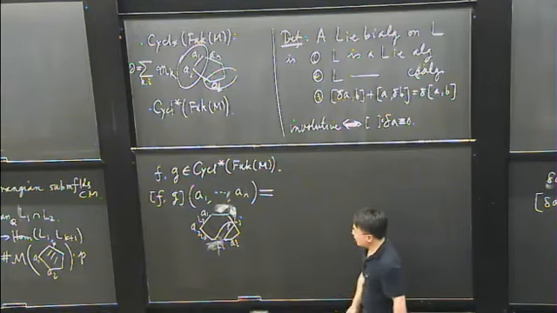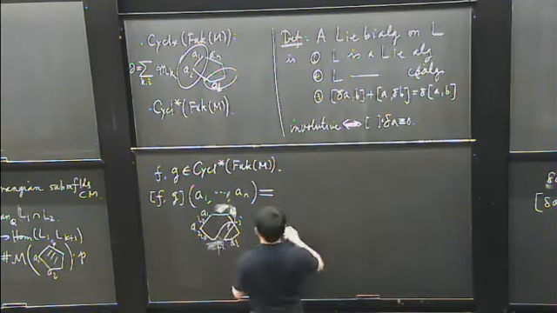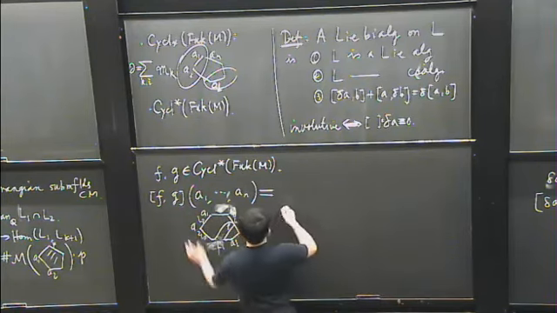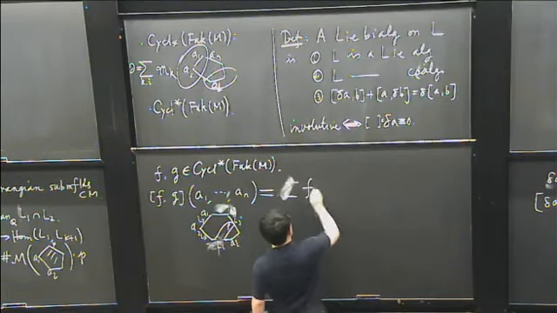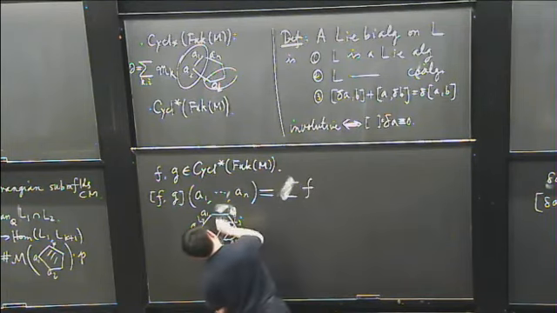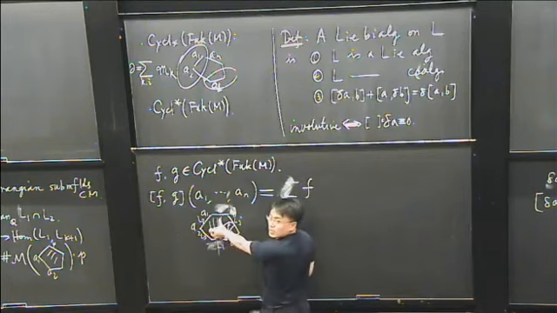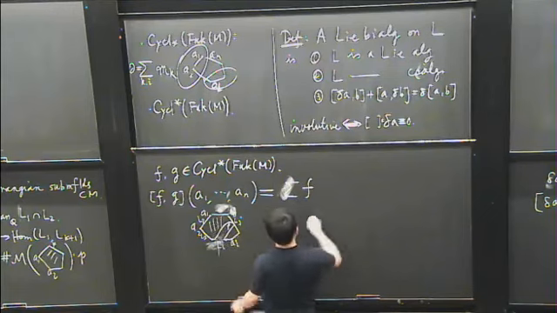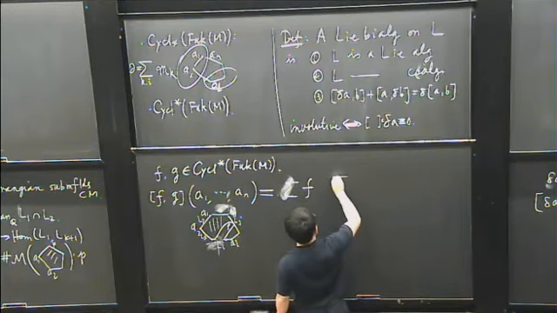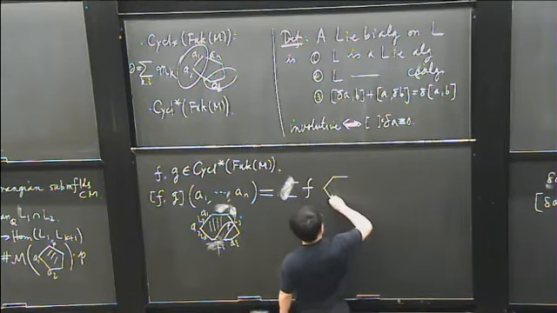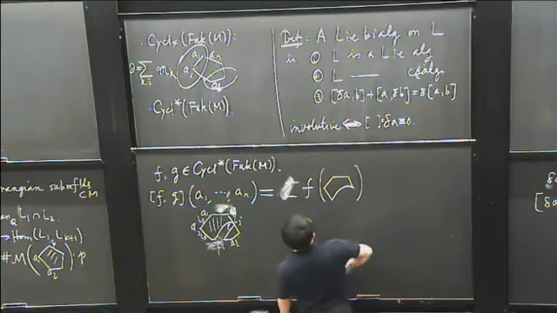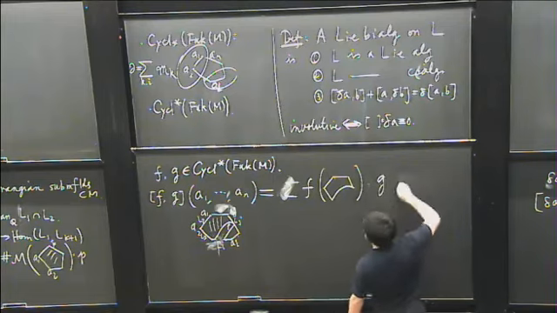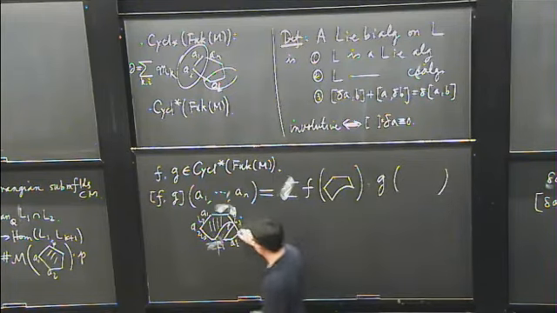Now this value is given by F with sum over all. So F of the value on this cyclic chain, and times G times the value on this one.